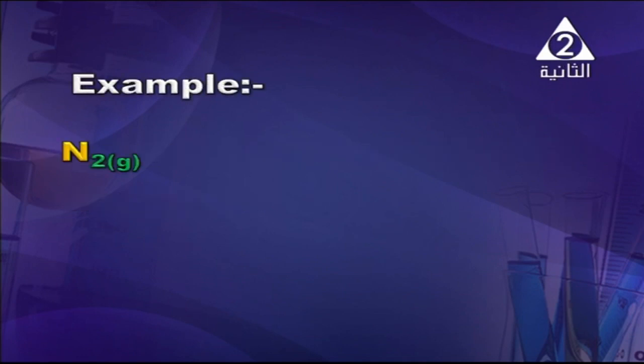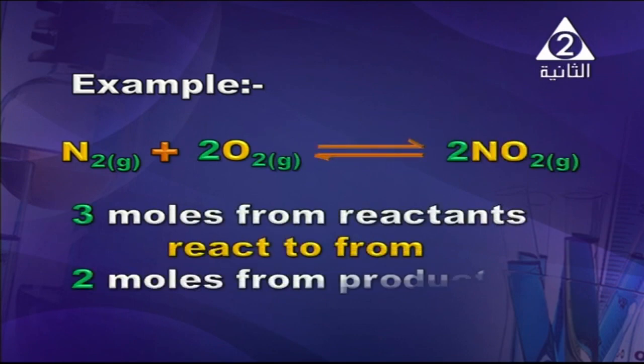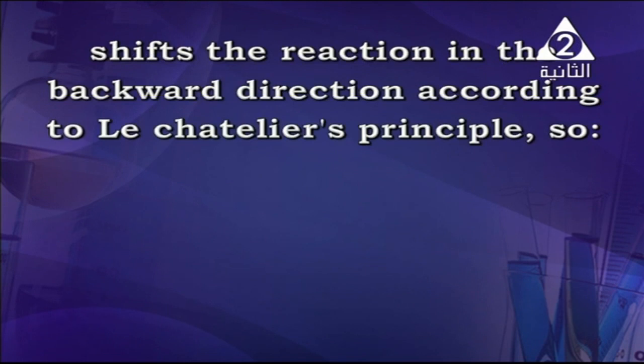For example, here nitrogen plus 2 moles of oxygen gives 2 moles of nitrogen dioxide gas. Here 3 moles from the reactants form 2 moles of the product. So here the pressure has decreased when going to the forward direction. So the increase in pressure or decreased volume of container shifts the reaction in the backward direction according to Le Chatelier principle.